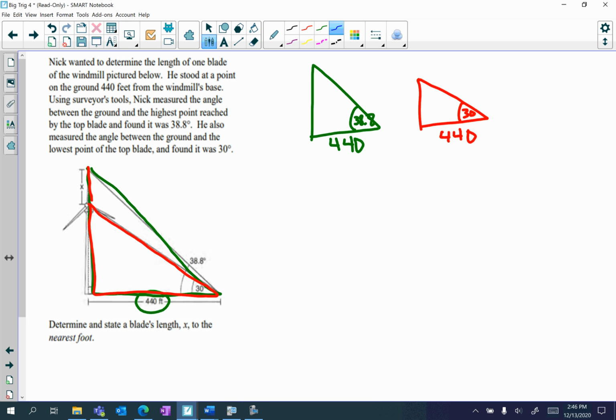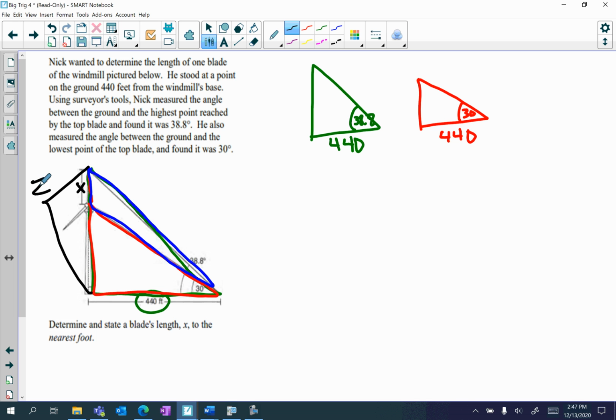Notice what I'm outlining in blue is not a right triangle. What we're being asked to find is x of that triangle, but it's not a right triangle. So first we have to figure out the big side of the triangle.